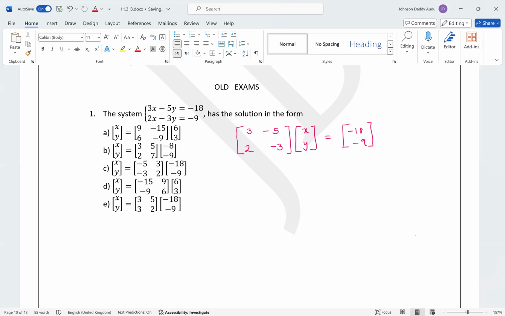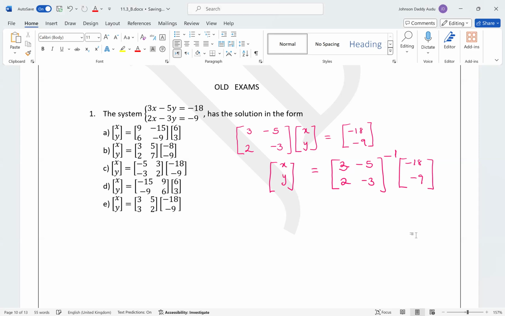So clearly, if you want to get x, y, it is just going to be the inverse of the first matrix, then multiply by minus 18 and minus 9.